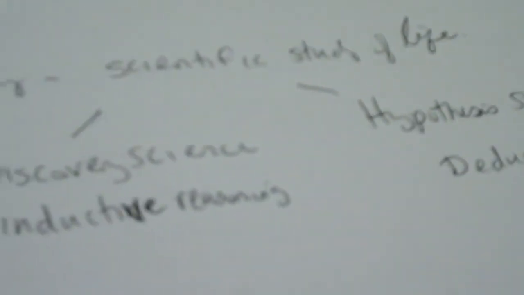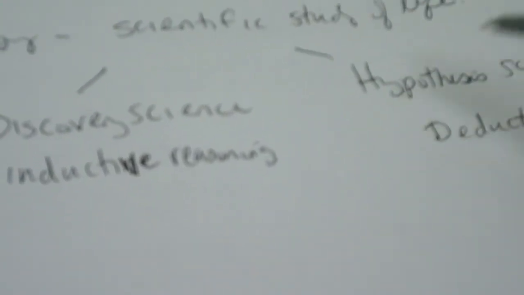So back over here, I'm going to put inductive reasoning, and I would probably add enough information so that I knew what inductive reasoning was. And hypothesis uses deductive reasoning. So now I've connected, again, one part of the text to two other parts. I'd also probably need to know the differences between these two. So that's what I'm going to be doing next.